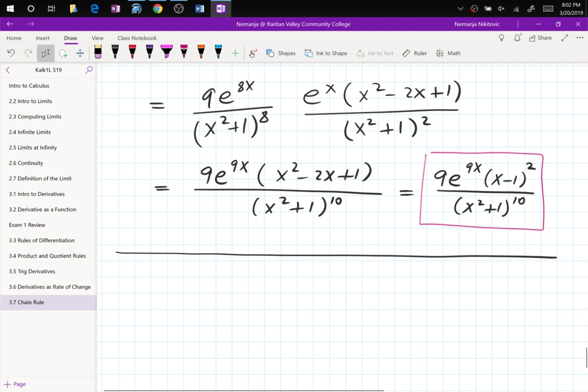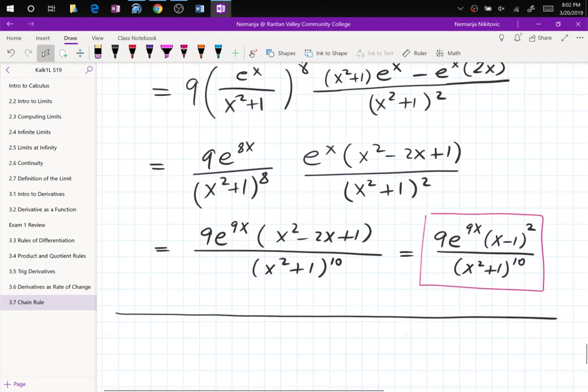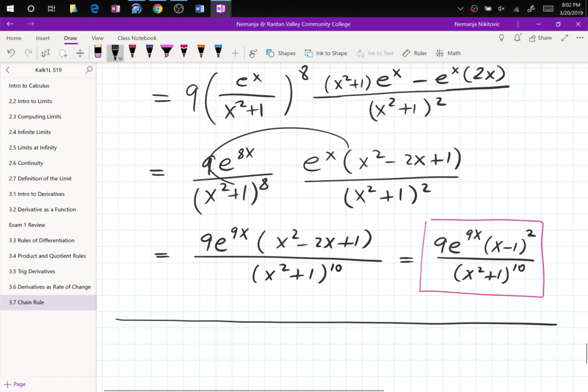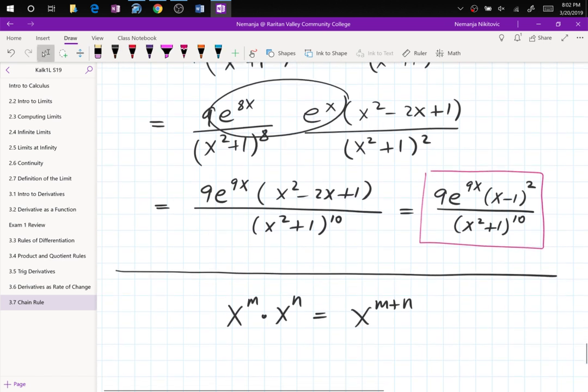I'm confused about where you got e to the 9x. Oh, when you multiply these, you add exponents. So 8x plus 1x is 9x. You have the rule x to the m times x to the n is x to the m plus n. Yeah, but e is a number by itself. But what I'm confused about is that I didn't get those two fractions.